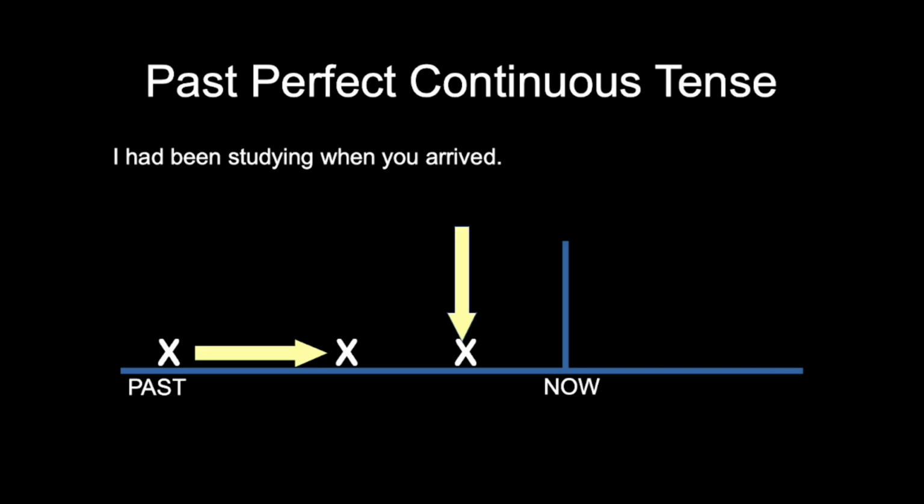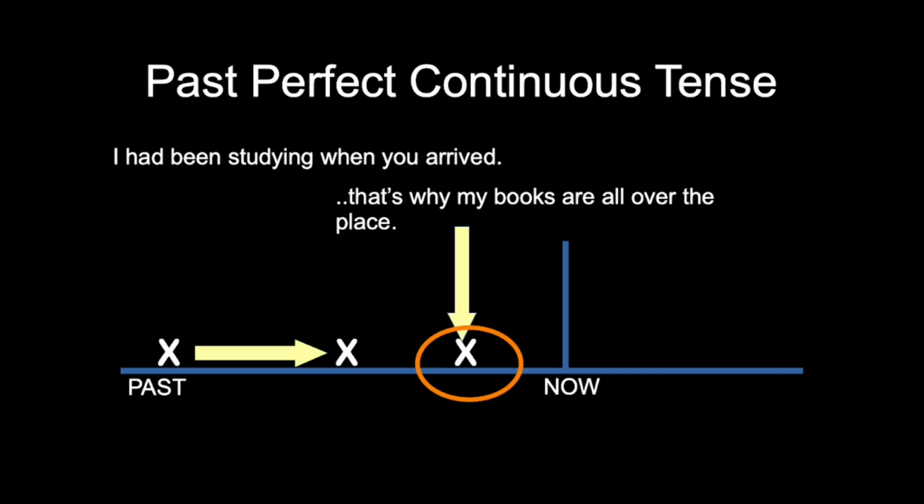So for example, you can say, I'd been studying when you arrived. That's why my books are all over the place. So basically what this tells us is, when you arrived, you saw that my books were all over the place because previously I'd been studying. Okay, so I hope everything is all clear, and now you know the differences and the similarities between both tenses.